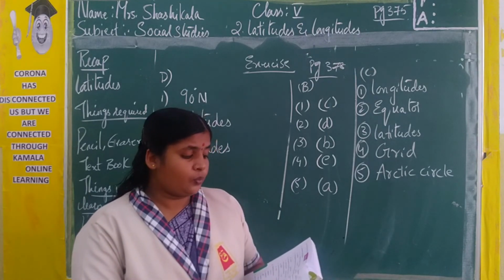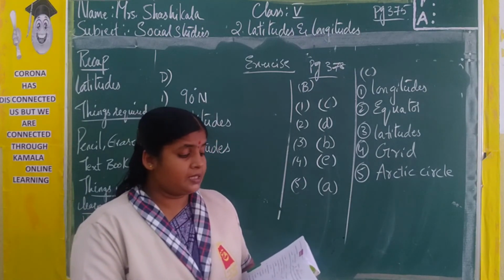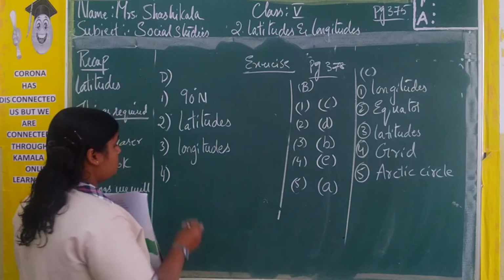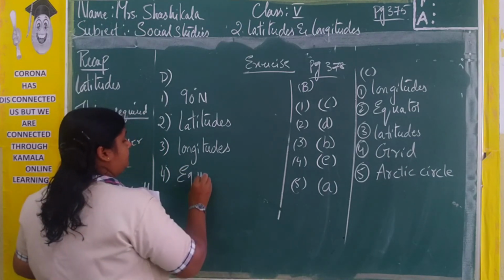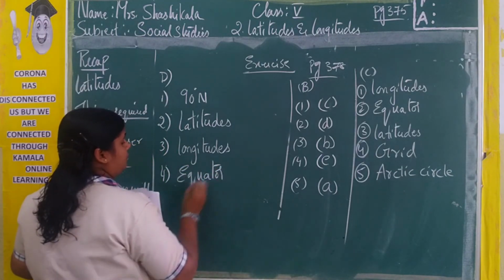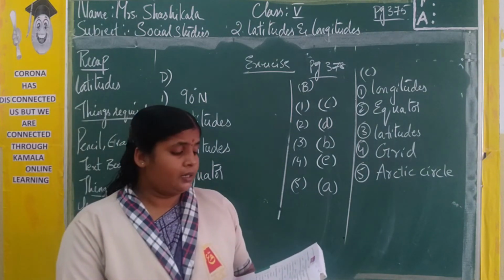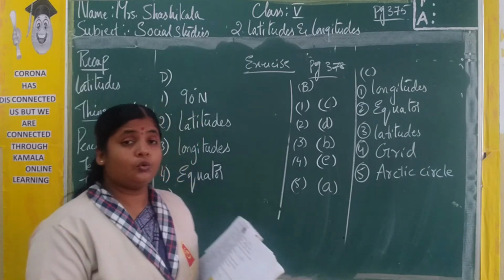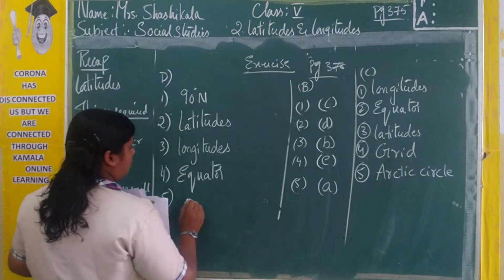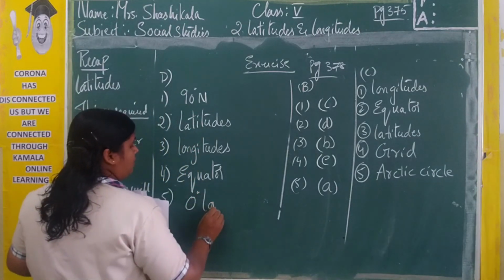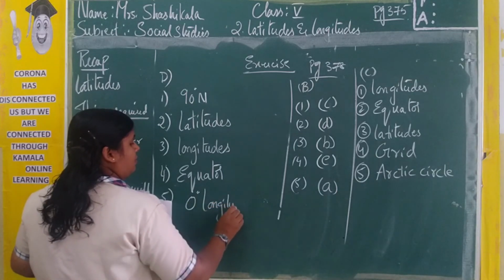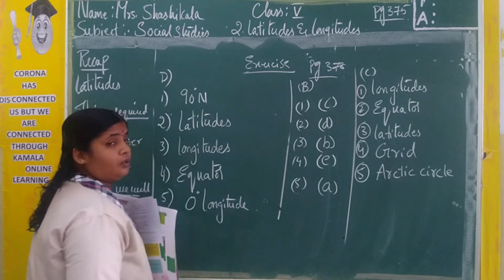The distance between the two meridians is maximum at the equator. The prime meridian stands at 0 degree longitude.